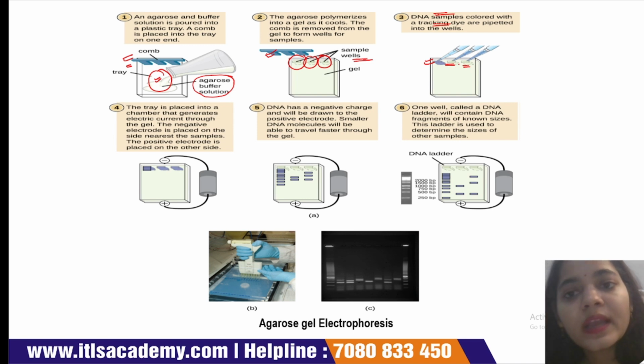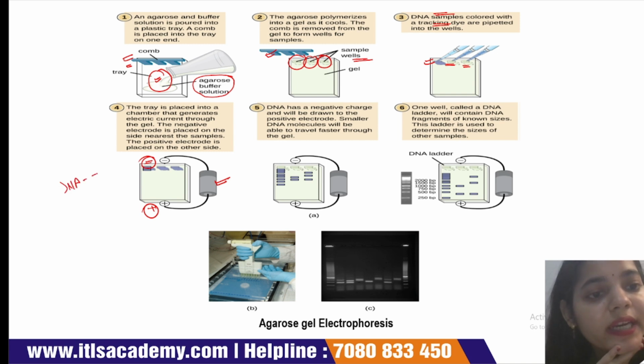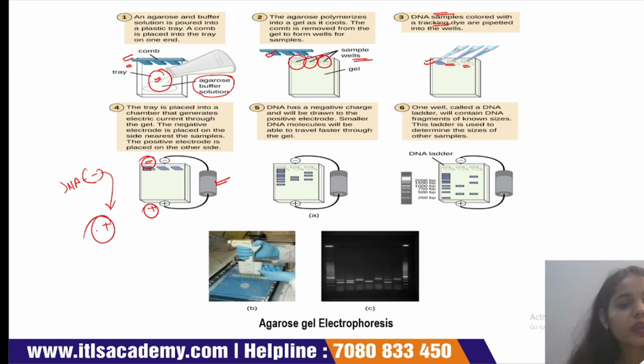After the whole process, we connect it with electricity. Here is the negative charge and here is the positive charge. Here is the cathode, here is the anode, and our DNA is a negatively charged molecule. That's why it can easily move to the positively charged anode.